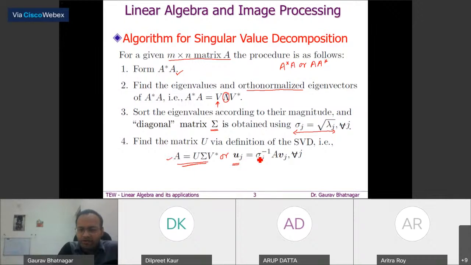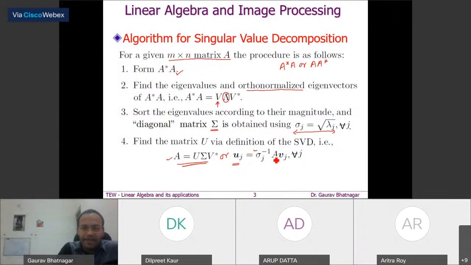So you can use this one or this one to find the final matrix U. And as soon as you have the matrix U, the matrix sigma, as well as the matrix V, you are done with the singular value decomposition. So this is again going to be the algorithm for the reduced singular value decomposition.